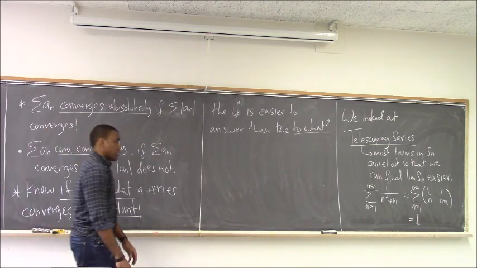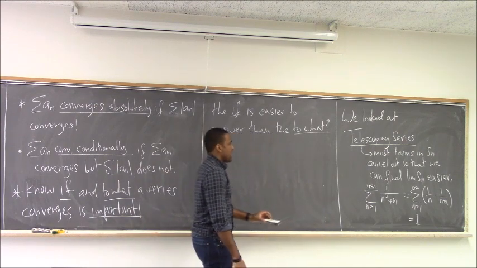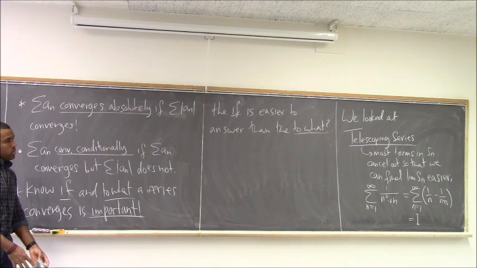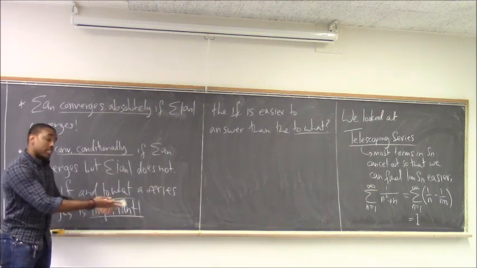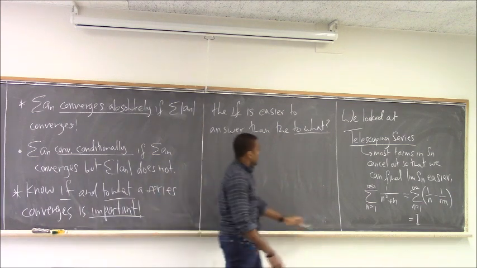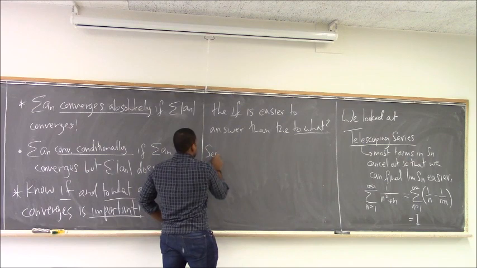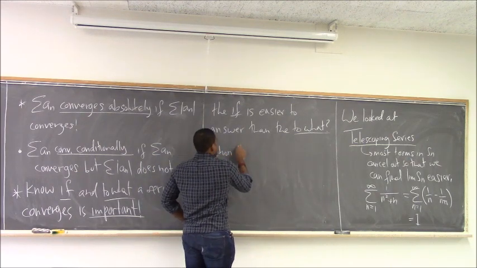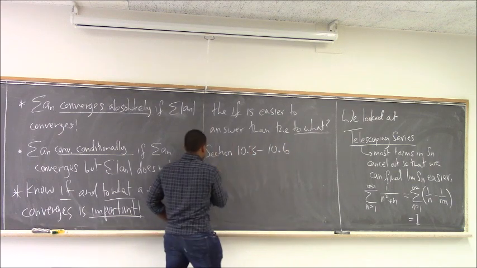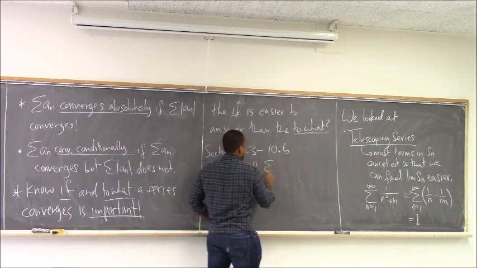But pretty much in any other case, we're not really going to know how to find out what the answer S actually is. We're just going to want to find out, does an S actually exist? Is the answer out there somewhere? Sections 10.3 through 10.6 deal with the question of if a_n converges.